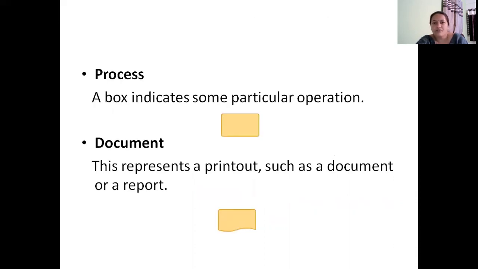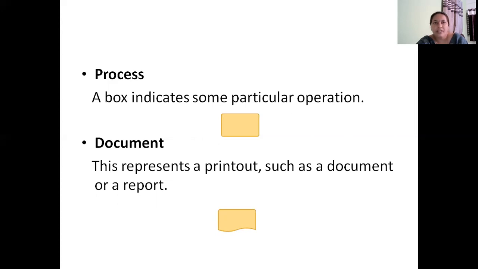The second type of symbol which we use in a flowchart is a rectangular box. A rectangular box indicates a process, or an arithmetic or logical operation, or a mathematical calculation which we have to perform as part of the solution.